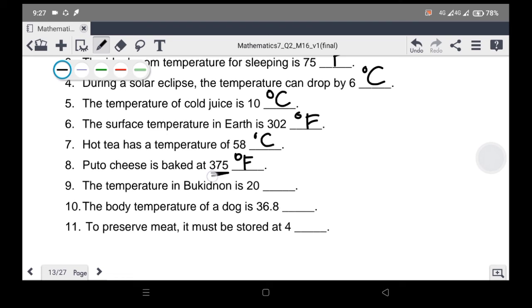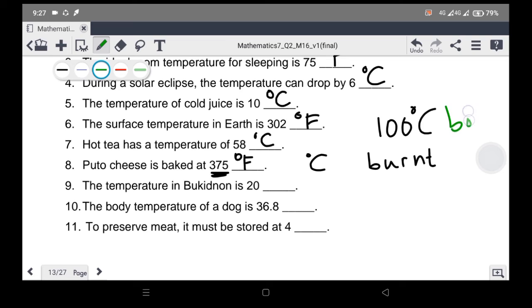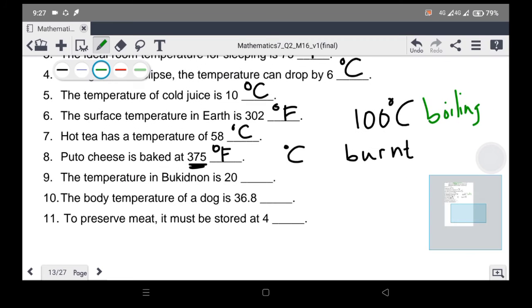If you choose degrees Celsius, your puto cheese will be burnt. Everything above 100 degrees Celsius, the boiling point of water, will be boiled in terms of liquid. If we have a solid, it will be burnt. So we will choose degree Fahrenheit.